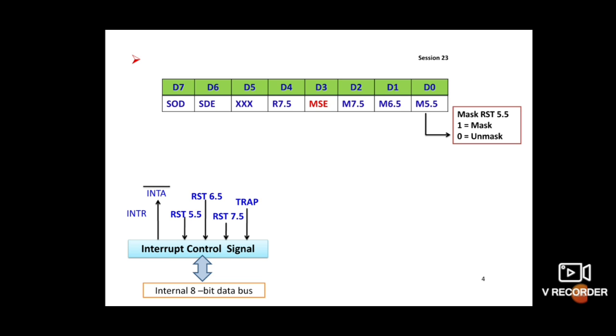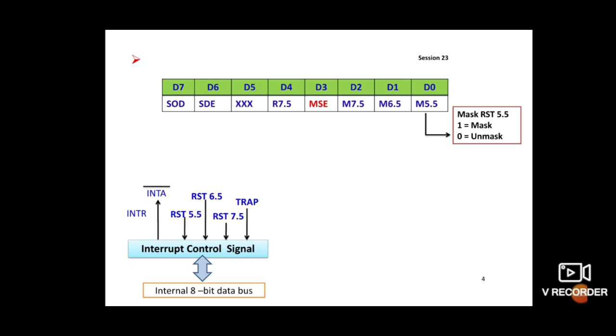But other interrupts can be blocked or avoided because they are maskable. Understood? Only TRAP is non-maskable. Other interrupts are maskable. They may be blocked or avoided, but we can't avoid the TRAP interrupt. This is the difference between the other interrupts and TRAP.